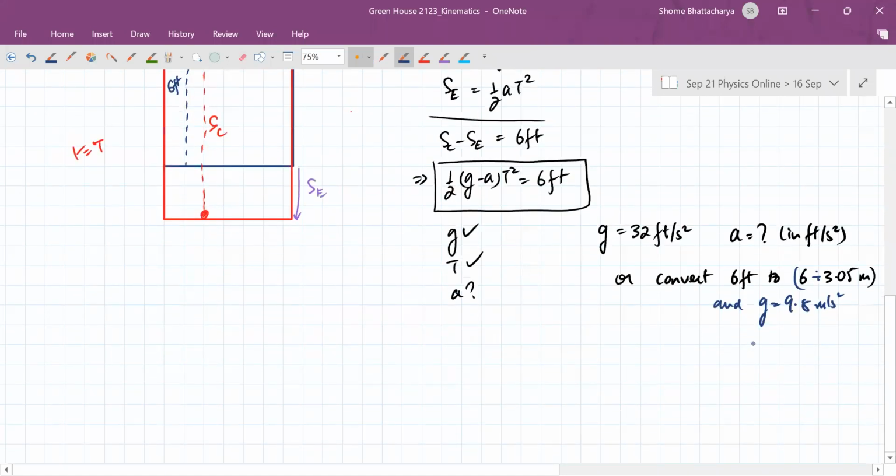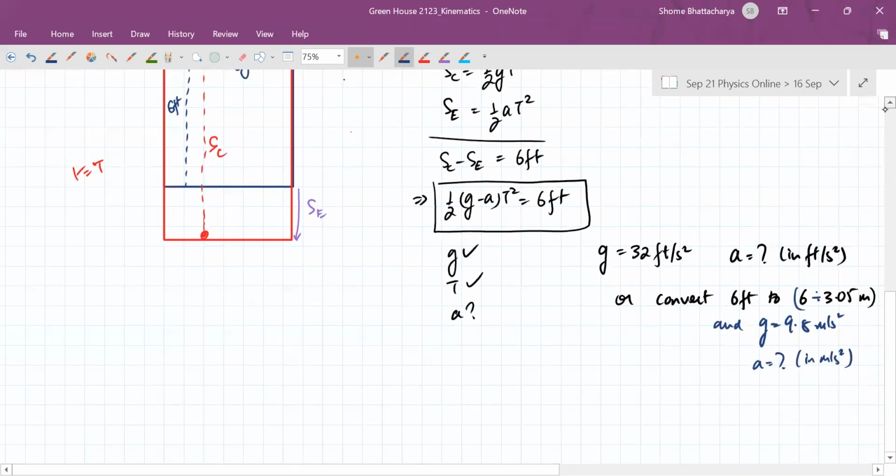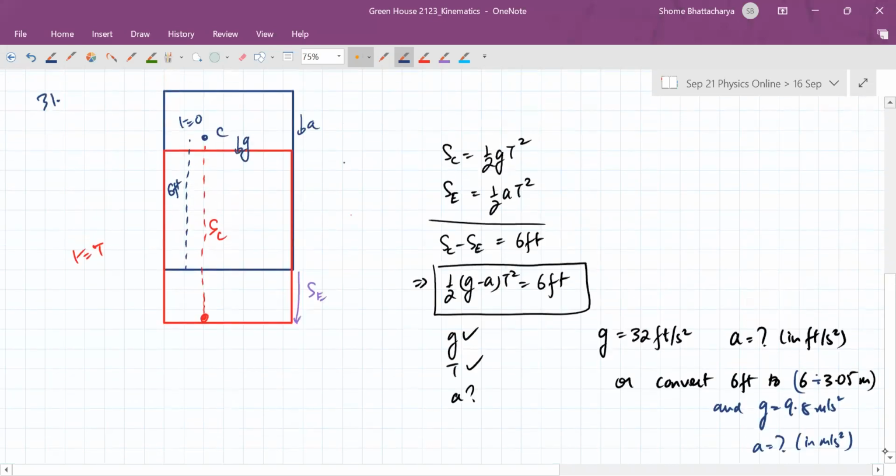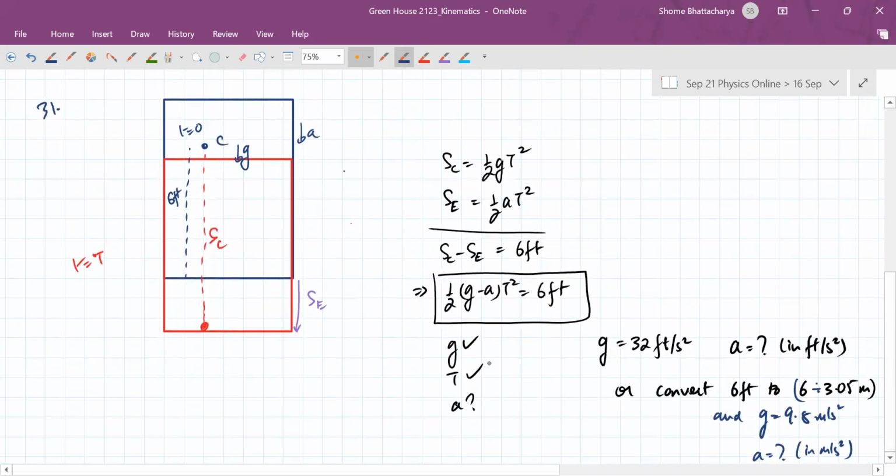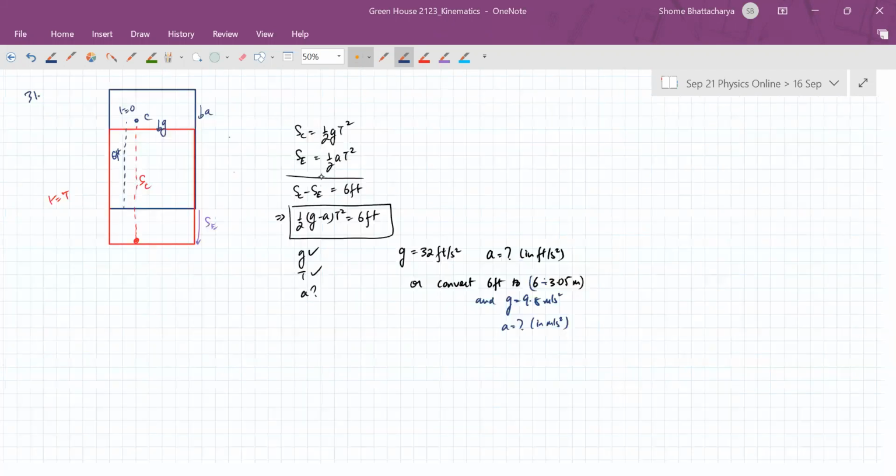That approach will give you acceleration in meters per second square. Okay, so hope this question is also clear. Yes, sir. Okay, sir, it's not 33, it's 43. Okay, okay, let's discuss 43.